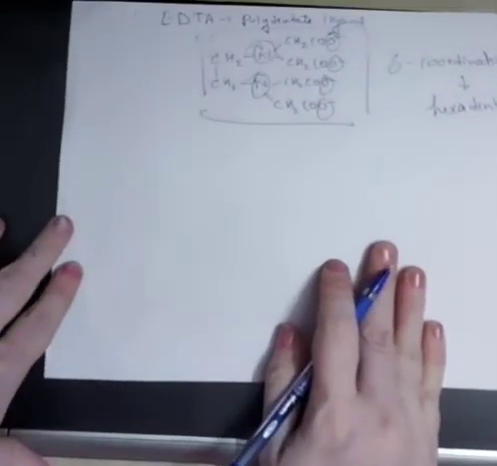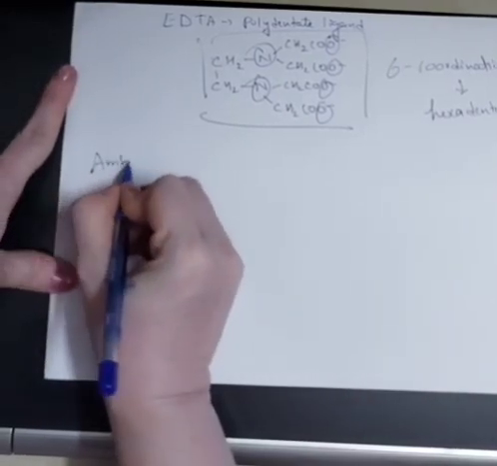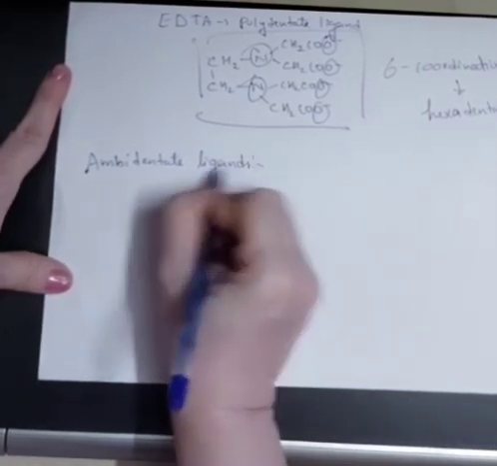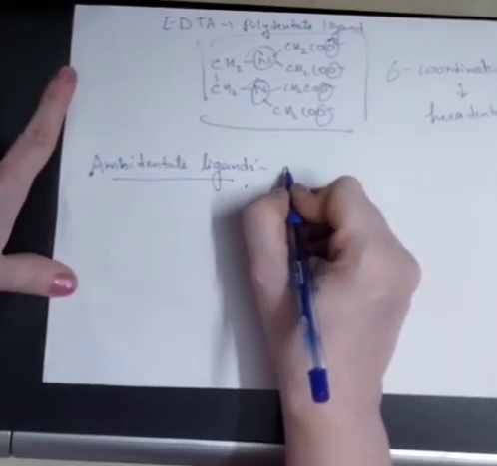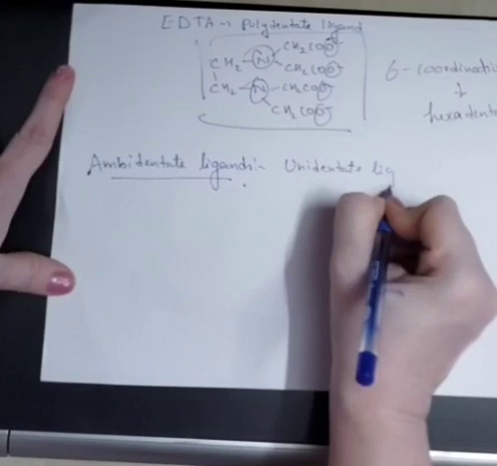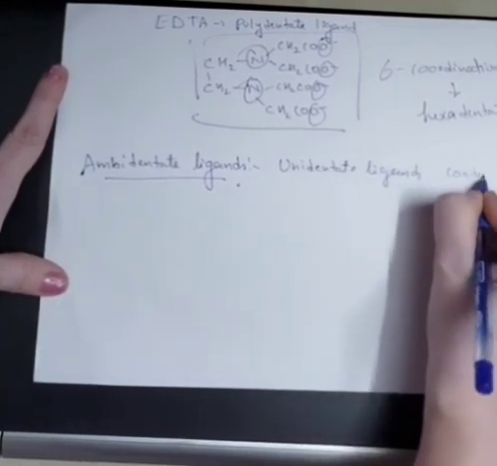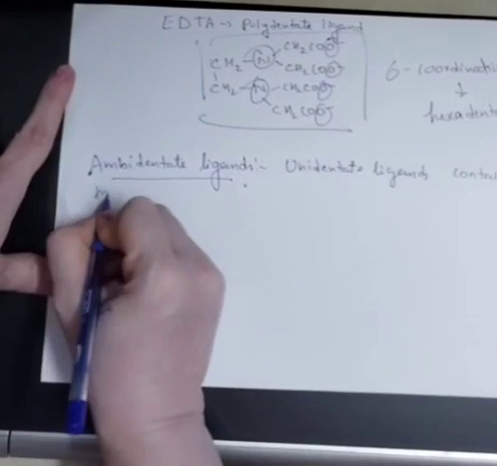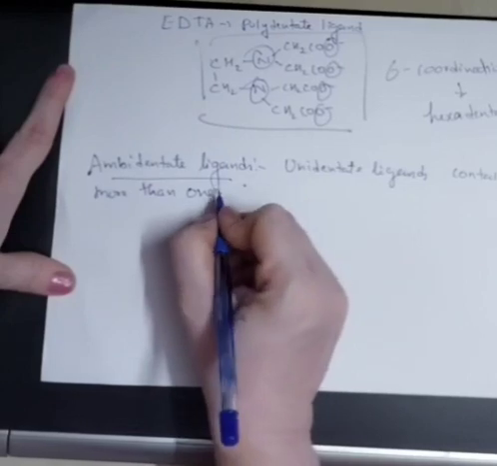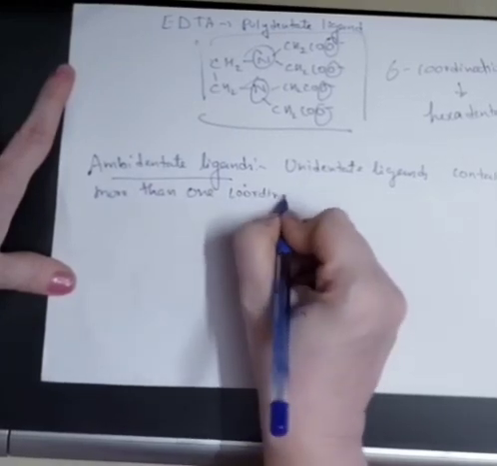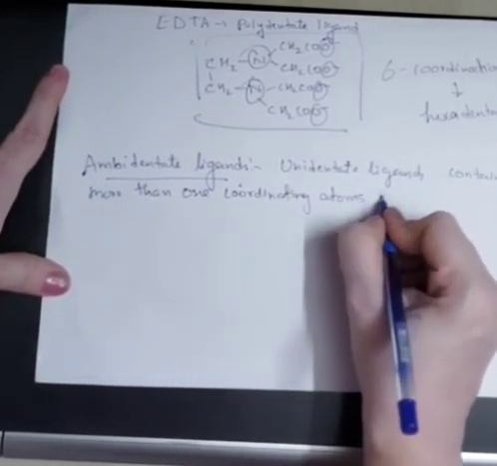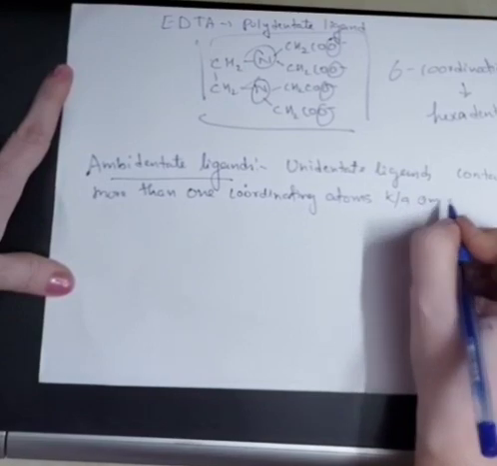Now, another category is ambidentate ligands. Unidentate ligands containing more than one coordinating atom are known as ambidentate ligands.